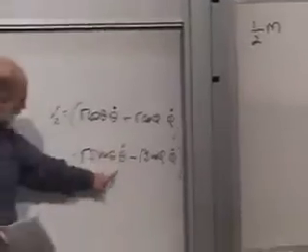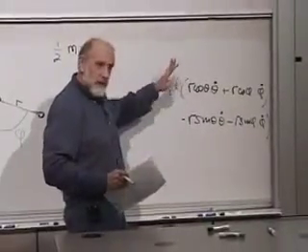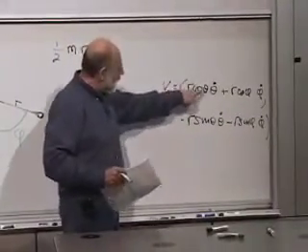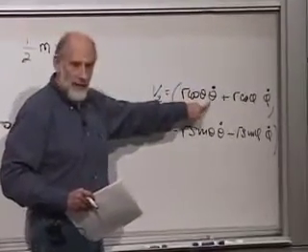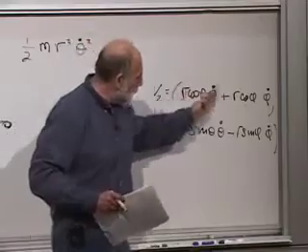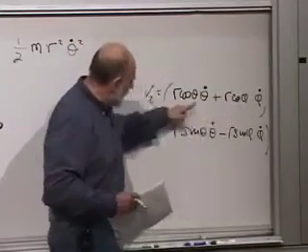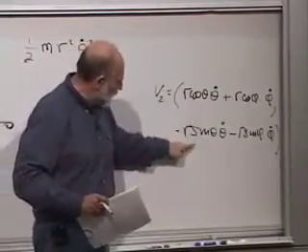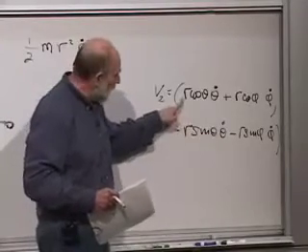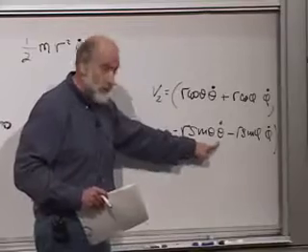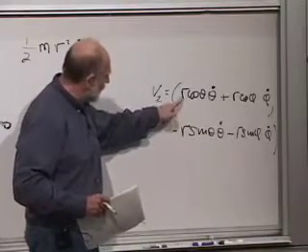This is the x component, here's the y component. Let's see what we get. We're going to get r squared cosine squared theta times theta dot squared when we square the x component, and we'll add to it the square of the y component.